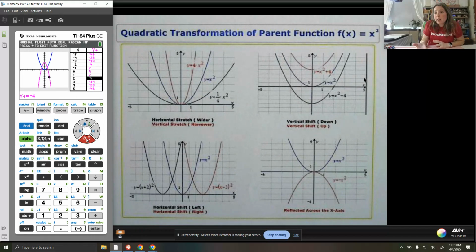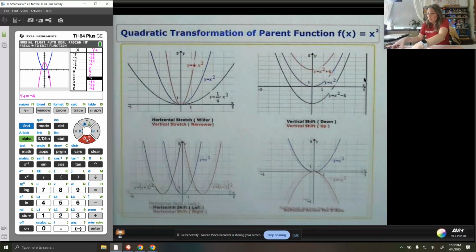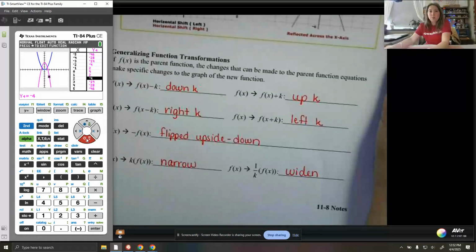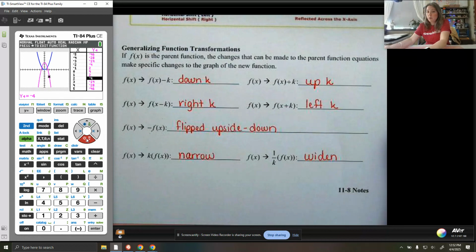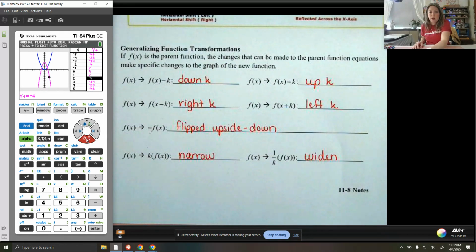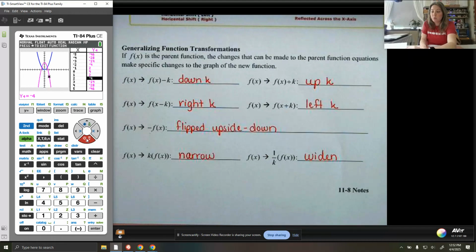If I wanted to add 4 to the end of any function, I would go to the very end and just add a 4 at the end of whatever it is. And that's going to move me up 4 in my y's. And so understanding each of these types of function notations and how they really are the same with every single function, that is really a clutch thing for anyone who's working with function notation.